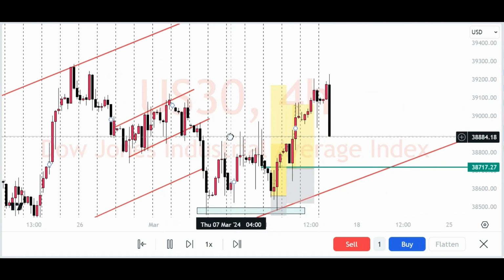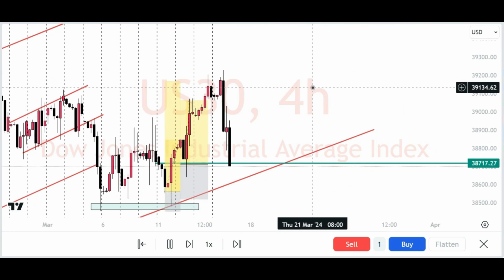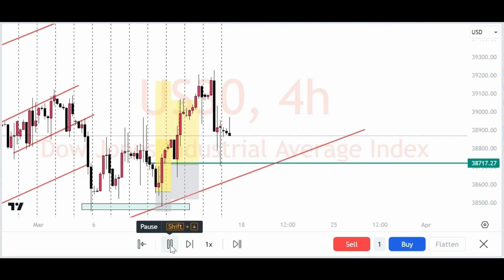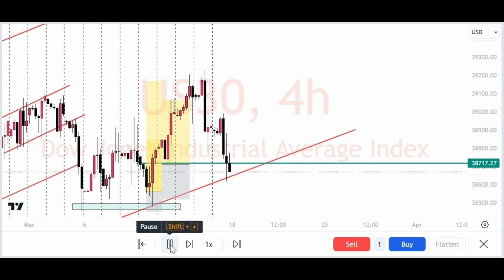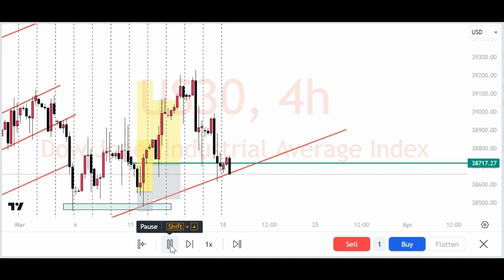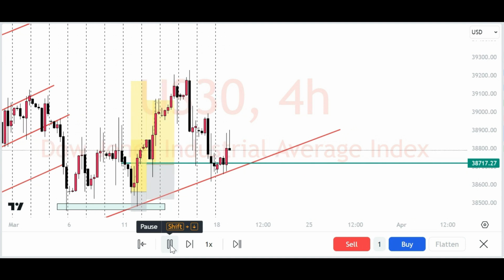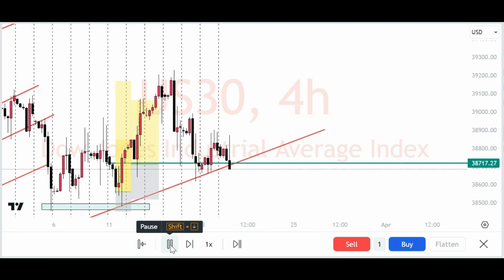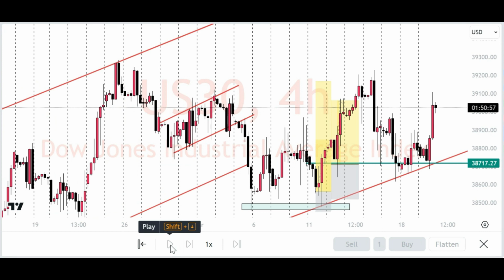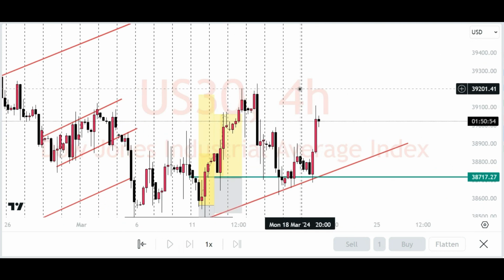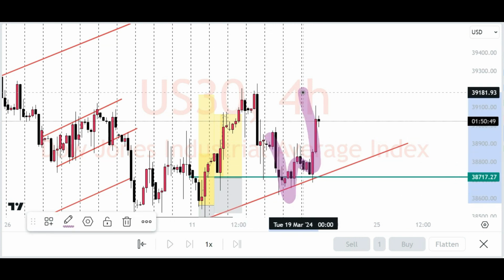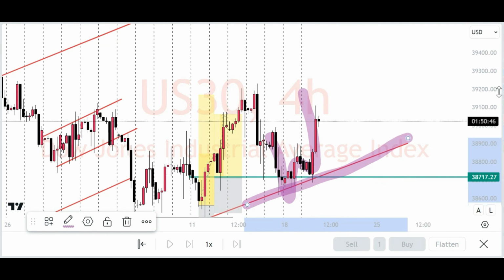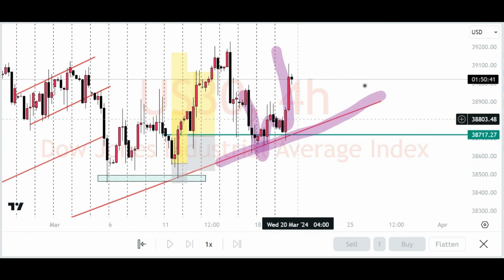What happens next is really interesting to me, because the market creates a really visible double bottom that then shoots up, and the double bottom is literally drawn and created on the channel, on the support level of the channel.